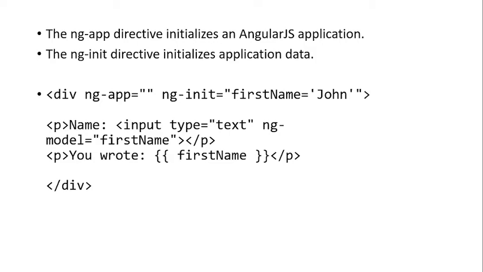So the two-way data binding can be achieved here, right? Whatever you write, the written data or name will be displayed on the output screen with the help of data binding. You can see there is a double curly brace, and inside the double curly brace we are using firstName.